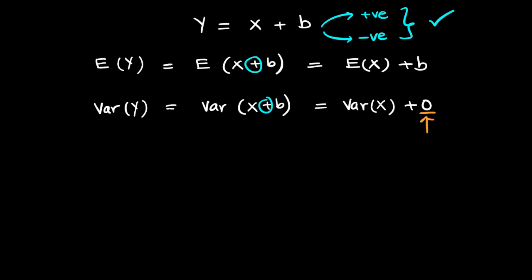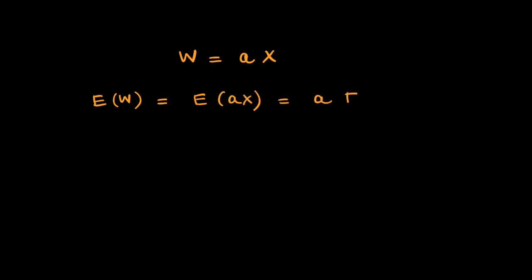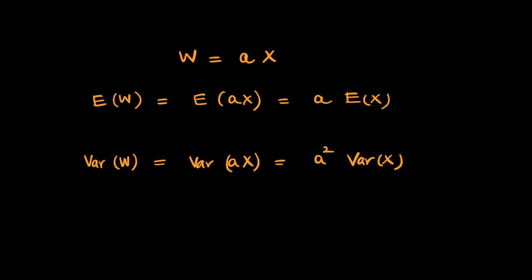Now, what is the second rule that we have studied? Let's say we have the variable w, that is a constant multiplying with x. When we are talking about expectation of w, that is expectation of ax, that is a multiplying with expectation of x. Similarly, variance of w, that is variance of ax, equals a square times variance of x.